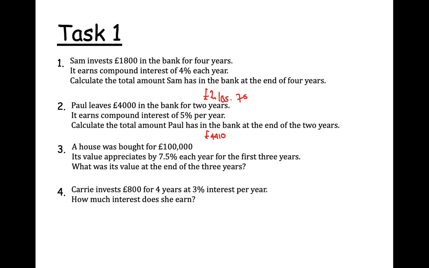Question 3, the value of the house would appreciate to a value of £124,229.69. And then question 4, how much interest does she earn? So the difference would have been £100.41. So £100.41. Okay, moving on.